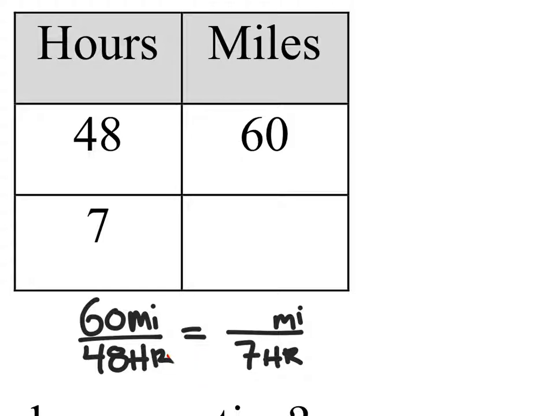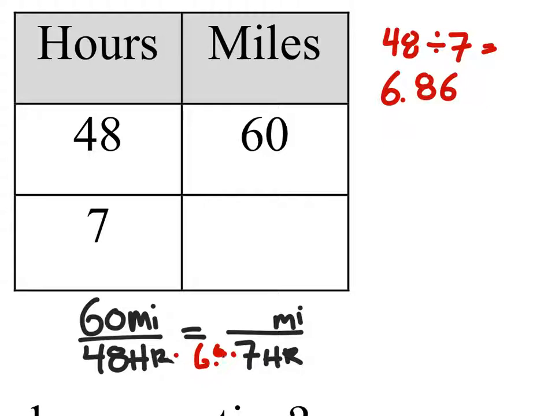Actually, I'm going to change that to multiplication, just because this one's a fraction. To figure out what we would multiply by, as we talked about last time, we do 48 divided by 7, which in a calculator is 6.86. So I would multiply the 7 by 6.86 to get the 48.